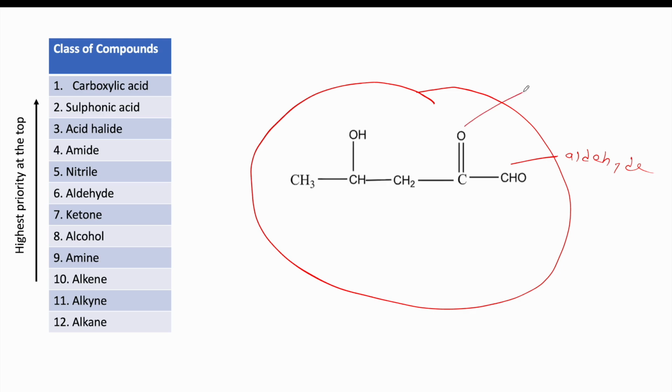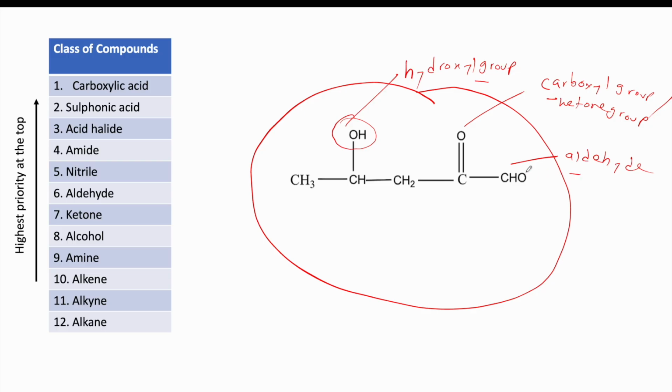We have this carbonyl group, or ketone group, whatever you may say. And we have this hydroxyl group or alcohol group. Now look, one single compound has 3 functional groups in total.